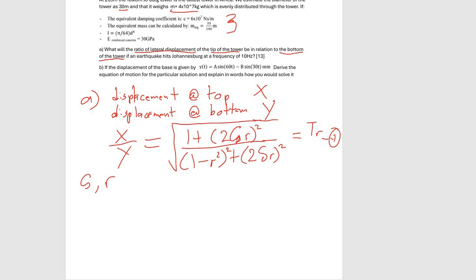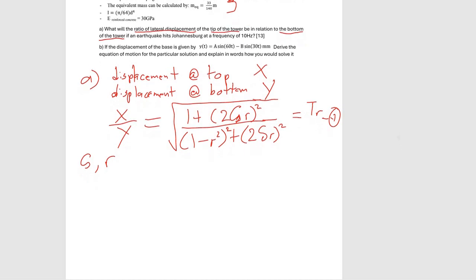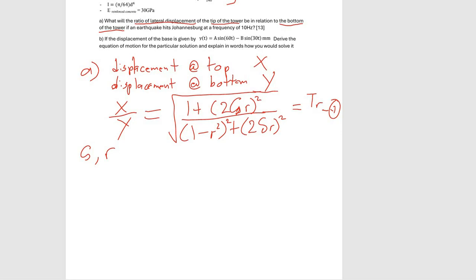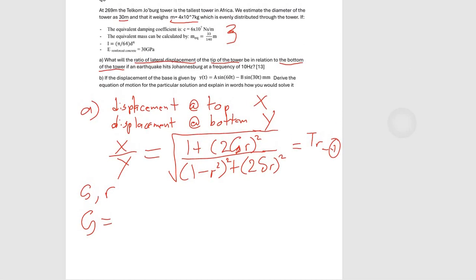Okay, so let's start first with, for example, zeta. Okay, so what do we know about zeta from theory, right? So we know that the formula to find zeta is the ratio between the damping coefficients.